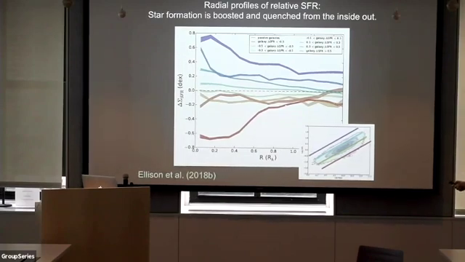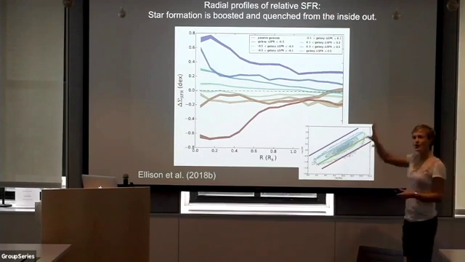Their star formation rates are low everywhere, so they have negative delta sigma SFRs. And again, the effect becomes more pronounced the closer you get towards the center. So the passive galaxies are most strongly quenched in the centers, just as the starburst galaxies are most strongly star-forming in the centers. And so this seems to be some evidence for both enhancement and suppression of star formation being centrally regulated.